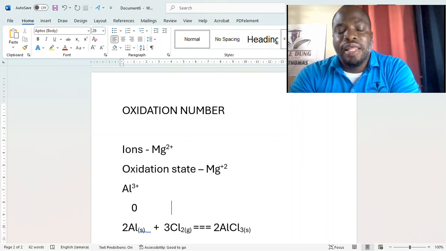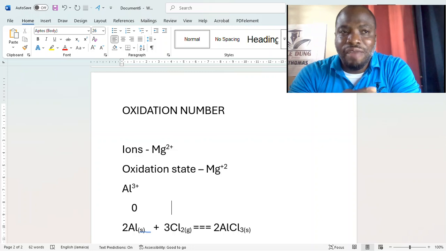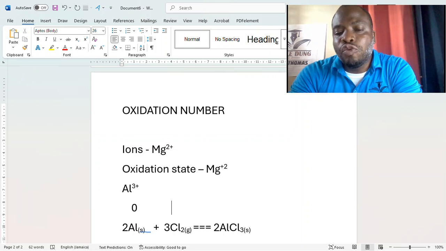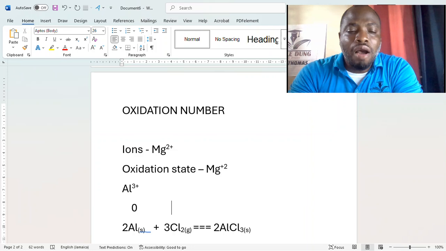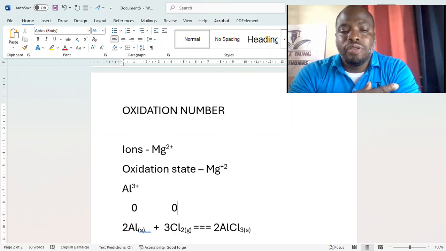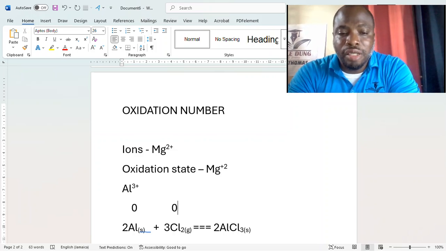They too have that concept of being zero, even though, if you recall what I said, they are not bonded to any other element. While you have 2 chlorine atoms here bonded together, they are of the same element. And so the chlorine also has an oxidation state of zero.